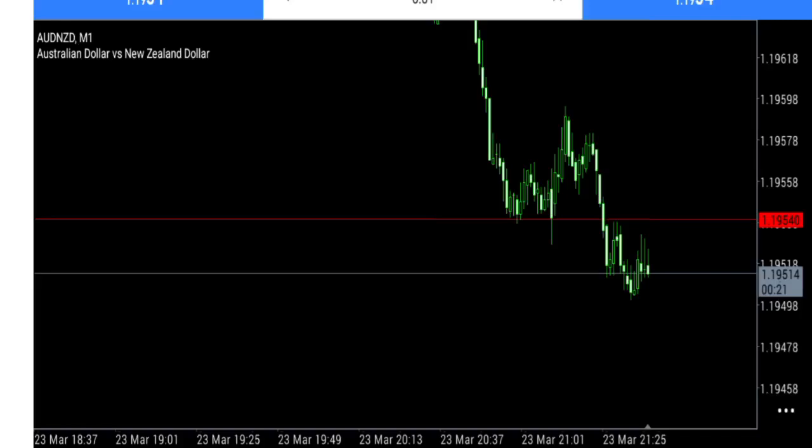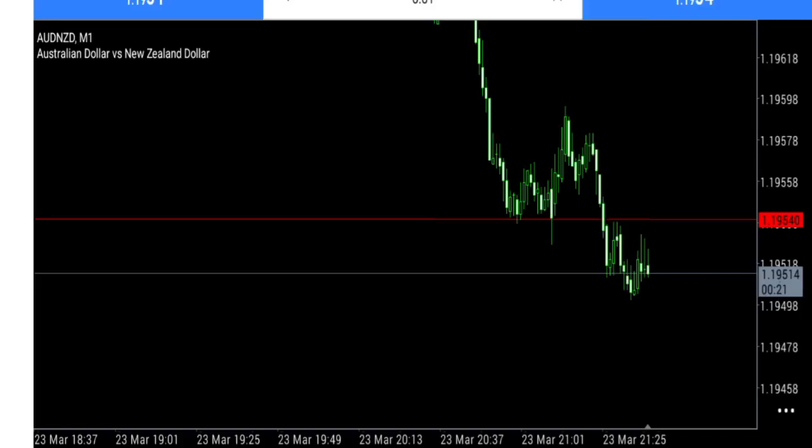And then the ask price is the blue line on the chart, where the price is showing at 1.19514. Now notice that the difference in price is huge. The first one is at 540, the second one is at 514.